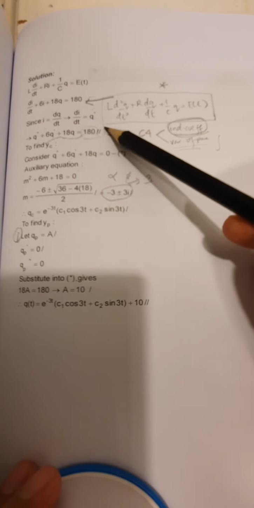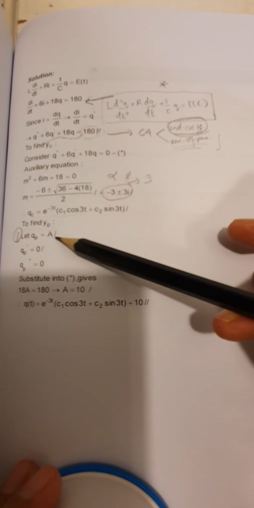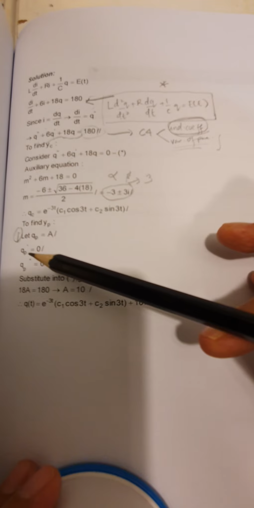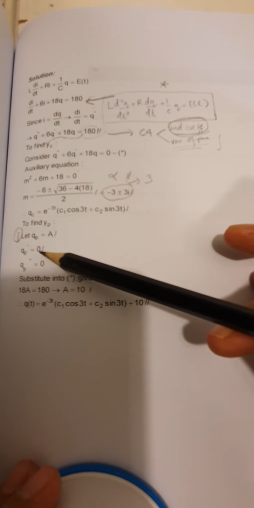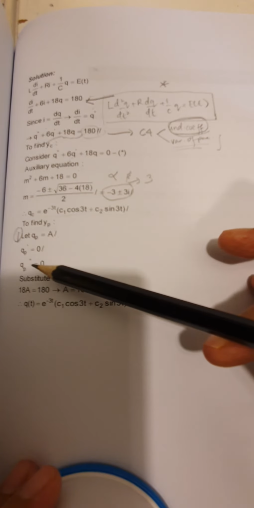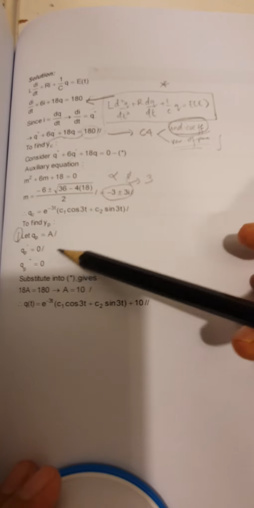This one is just a constant, so here you just put A. Next you need to differentiate QP, so differentiate A. We get 0, and then differentiate Q double prime P, so we also get 0.